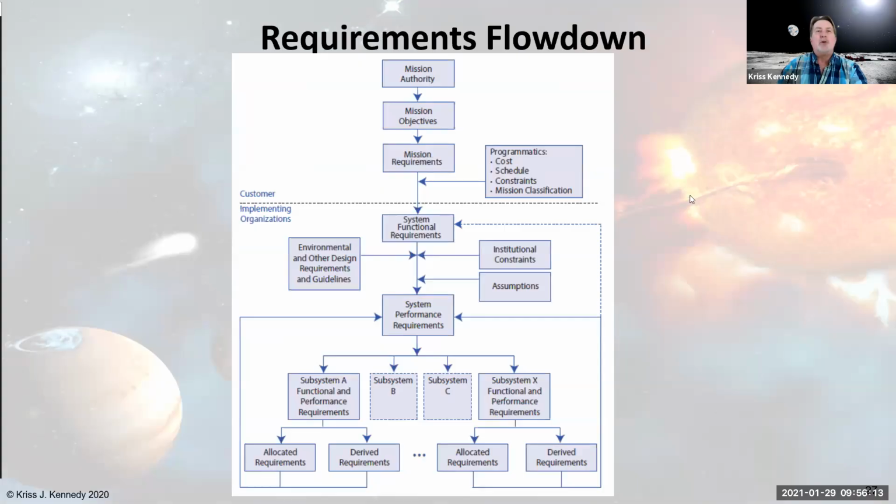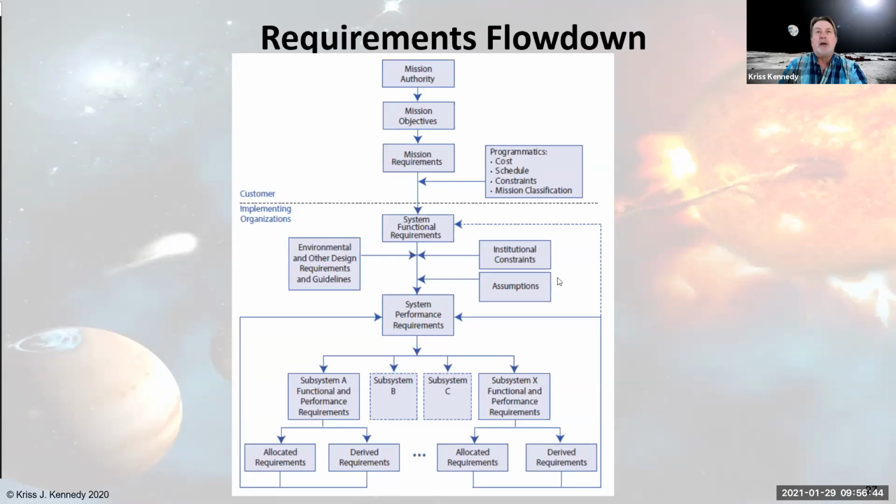Here's another view of that requirements flow down. The difference being this shows how it breaks down into a system level with all the inputs and additional constraints put on by environmental constraints, other design constraints such as manufacturability, quality control, and other guidelines or standards such as the NASA Standard 3001.